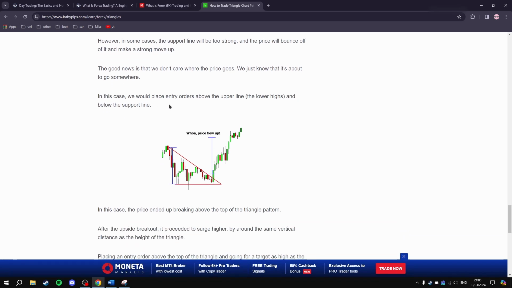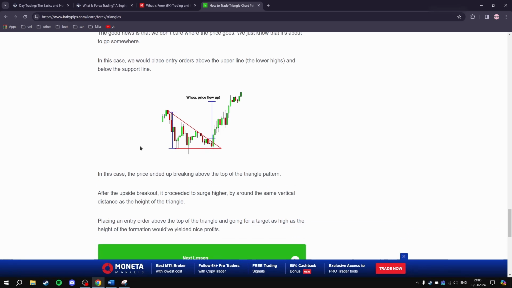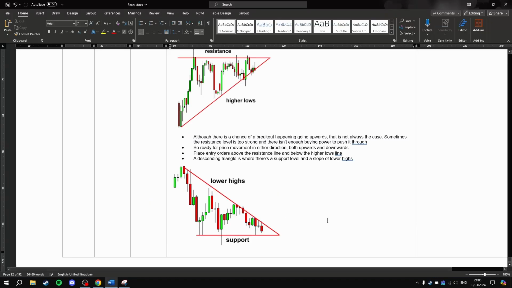In this case, we will place entry orders above the upper line, the lower highs, and below the support line. Whoa, price flew up. Right, okay. Be ready for price movements in either direction, both upwards and downwards.